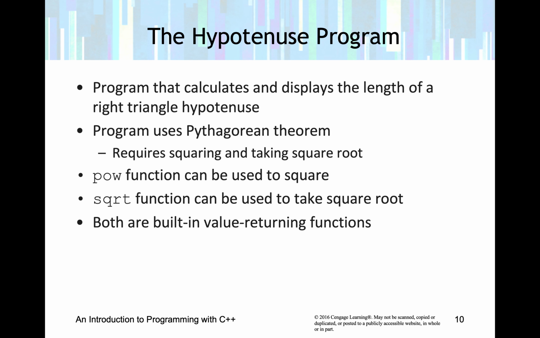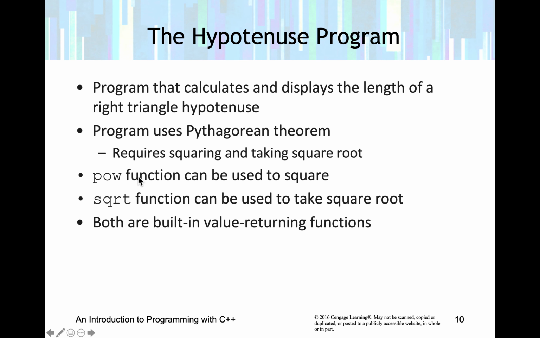So we're going to take a look at a program example, and this program is going to calculate and display the length of a right triangle's hypotenuse. So we're going to use the Pythagorean theorem, and this theorem requires squaring and taking the square root of a number.